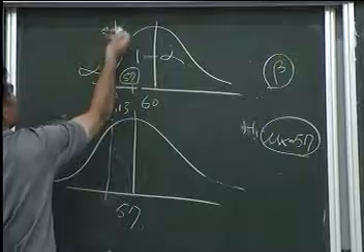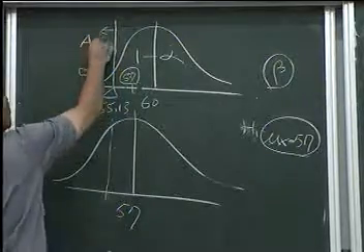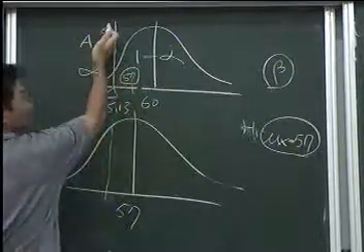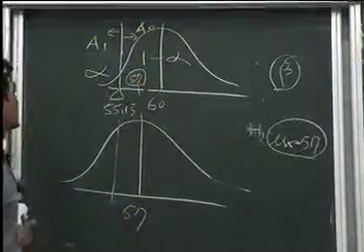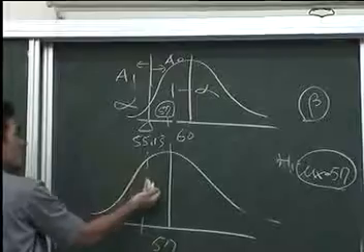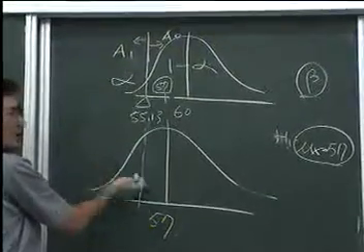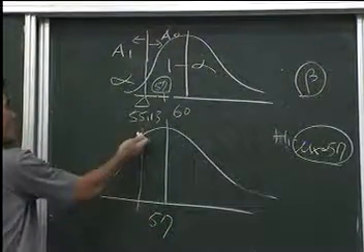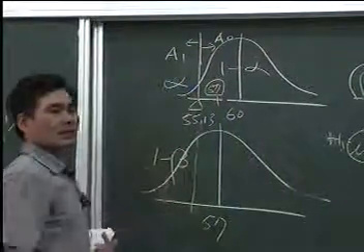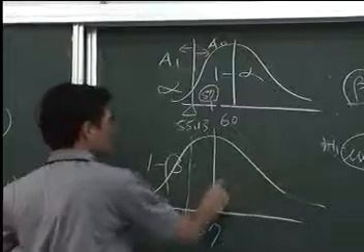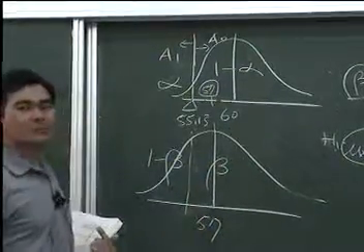If the value is below this, you take A1, right? If the value is above this, you take A0. So in this case, what is this value and beyond if H1 is true? If H1 is true, this one should be 1 minus beta, and this one should be beta.